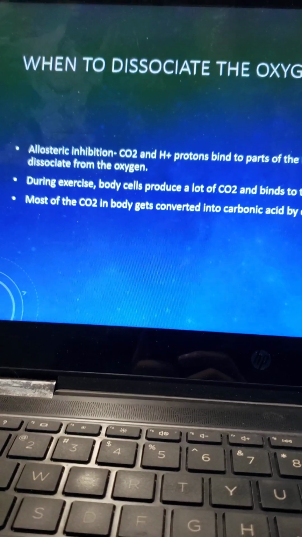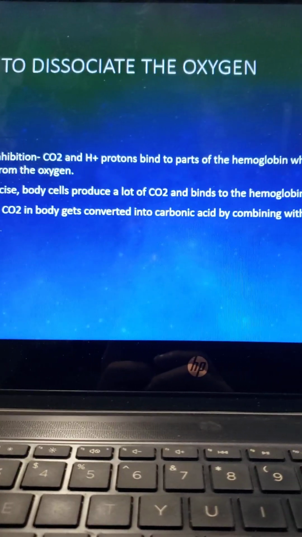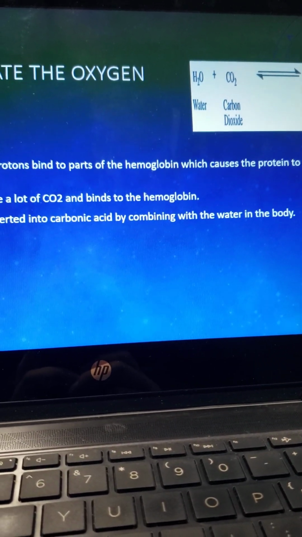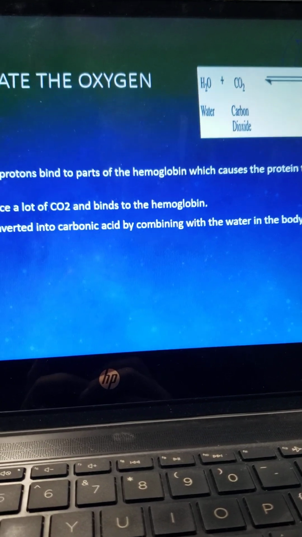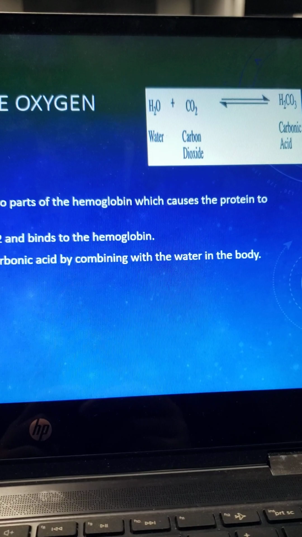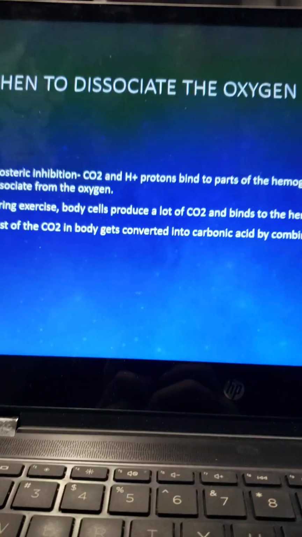Most of the CO2 in the body actually gets converted into carbonic acid by combining with water in the body. The body is about 70% water. Here's the equation of water combining with carbon dioxide, forming carbonic acid.